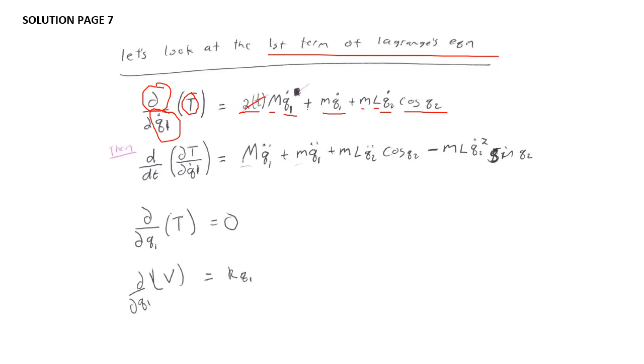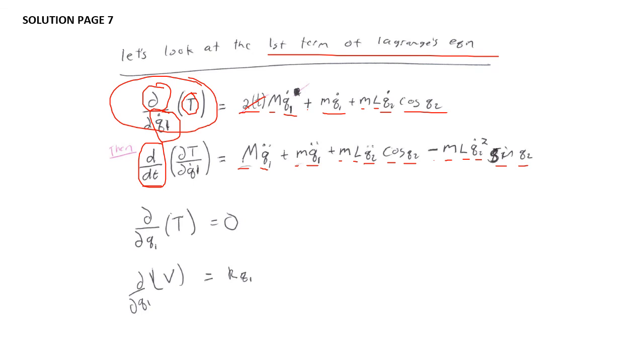Then, once we have the partial of T, the next thing we need to do is take the derivative of that partial with respect to time. We do that and take the derivative of that function up above with respect to t, and we end up with m q1 double dot plus m q1 double dot plus lowercase m l q2 double dot times the cosine of q2 minus m l q2 dot squared times the sine of q2.